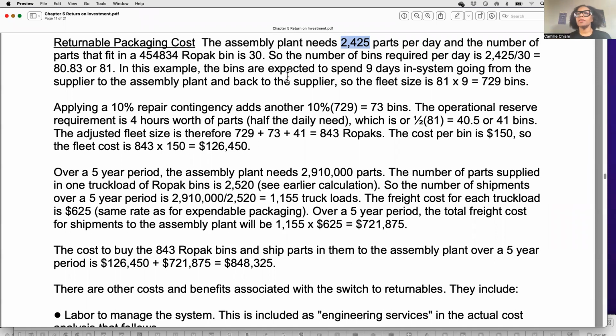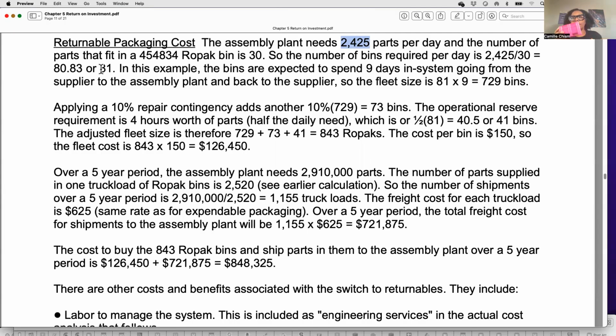So you can take the parts per day divided by the number of parts per bin, and we get 80.83. Okay, but we're going to round that up to 81 because we know that the supplier is not going to fill the bin with a partial pack.